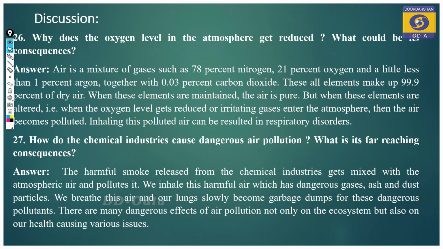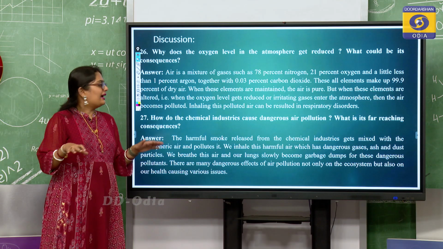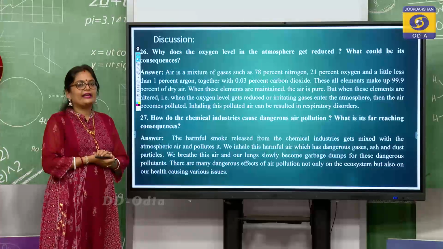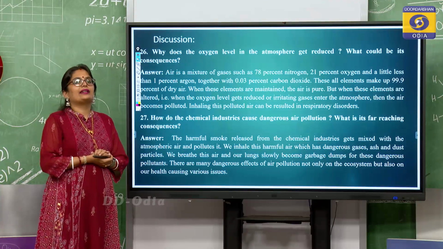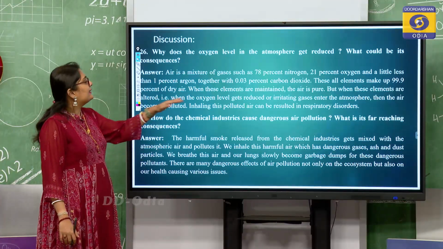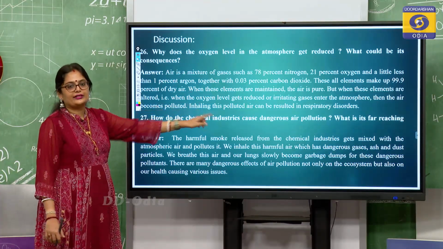But when irritating gases get into it, they produce a combination which is very toxic for all of us. As a result, inhaling such polluted air can result in a variety of health issues, often respiratory disorders.